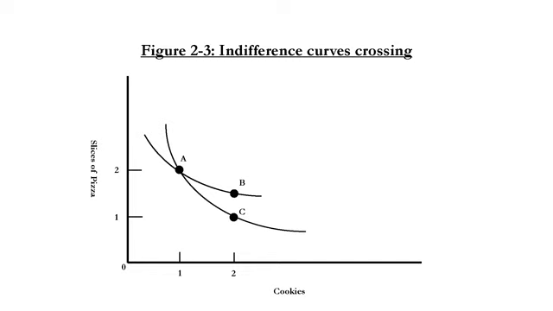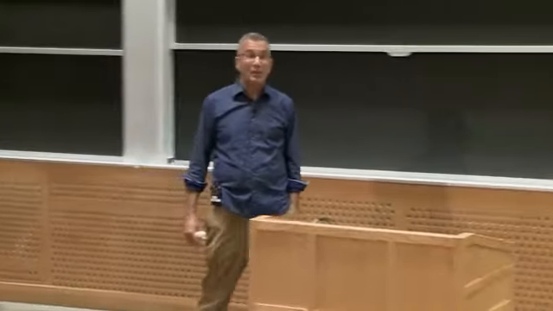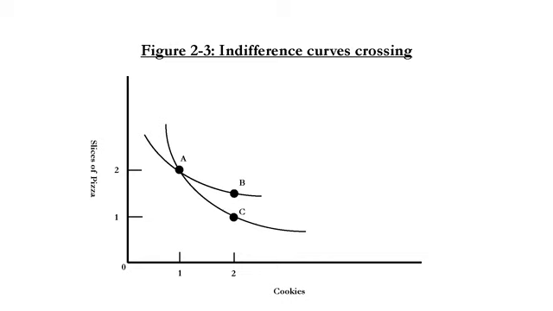In this graph, figure 2.3, A and B are on the same indifference curve, and A and C are on the same indifference curve. That means you must be indifferent between A and B, and indifferent between A and C. Well, if you're indifferent between A and B and A and C, by transitivity, you must be indifferent between B and C. But that can't be true. You can't be indifferent between B and C because B is more than C. Okay, B is dominant. You get the same amount of cookies and more pizza.